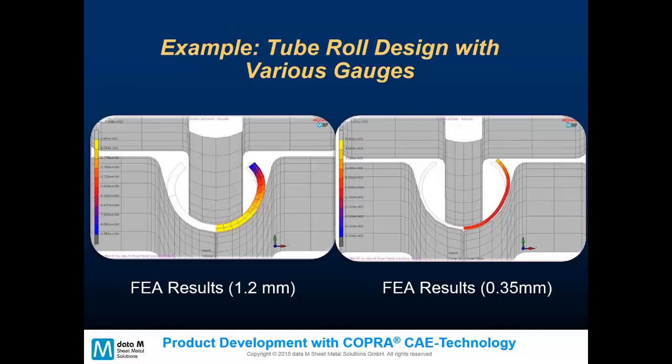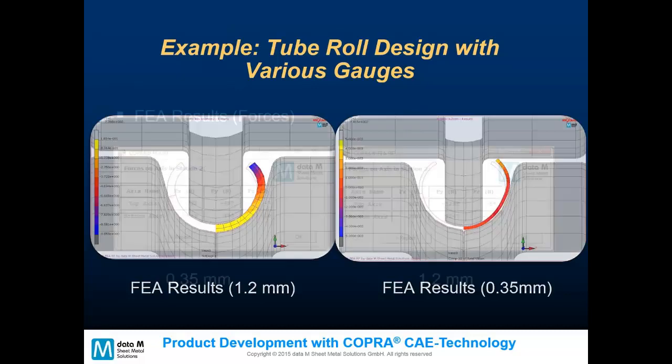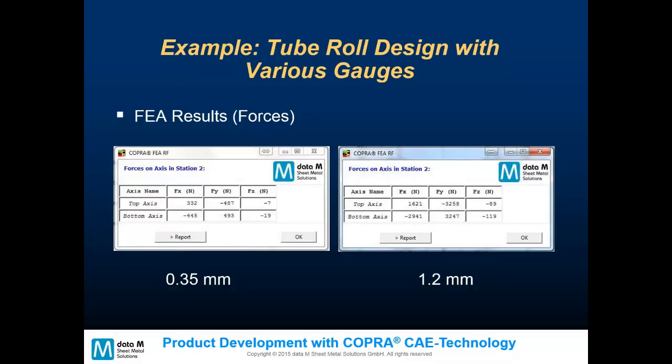You can see here the strip comparison with the actual flare pattern. We're just going to have a look at the report to see what could be causing this and the differences. And of course, when we consider the gauge variation that we have here, an important thing to consider in the FEA results is forces when we consider deflection of our roll tools.